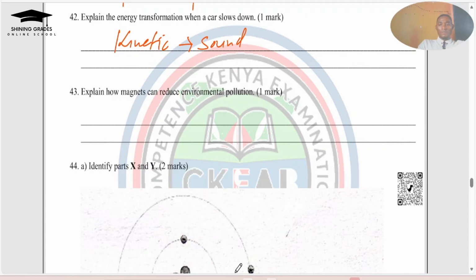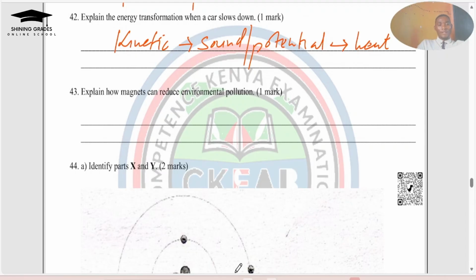If there is no sound, we may also have potential energy being expressed, and then we may have heat energy because of the braking and the friction that is experienced.